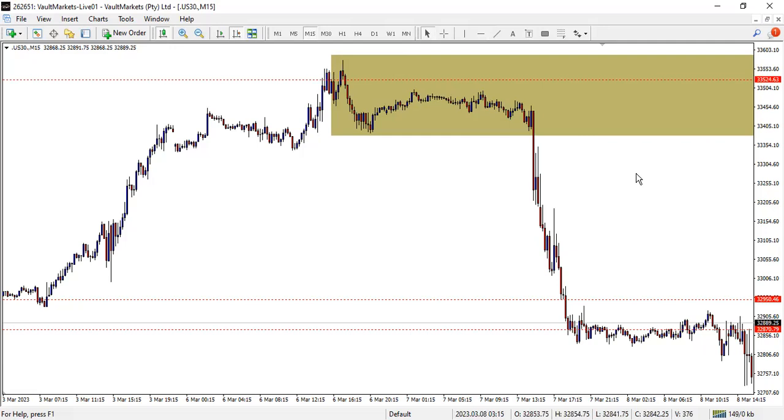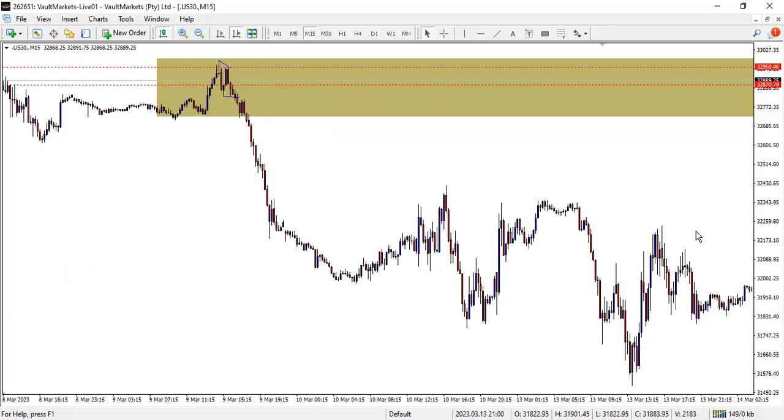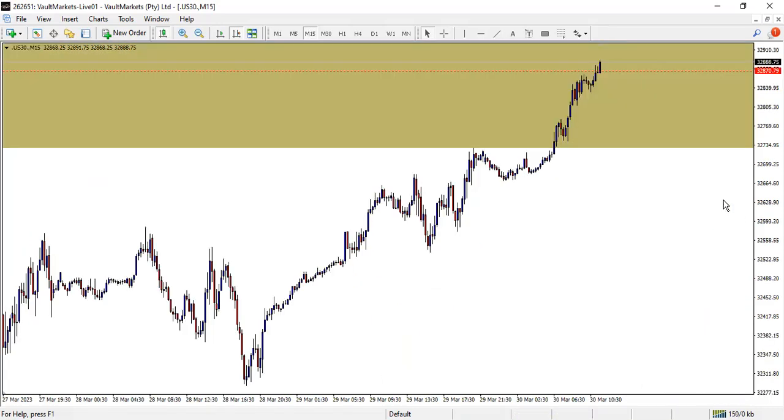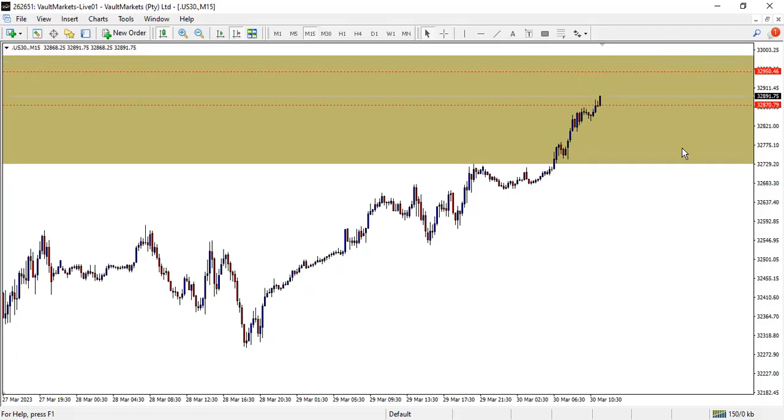This take profit one, 33,524.63. And then a break above 33,577.39. And then the very same entry method that you use here, you use the very same entry method above this zone here.